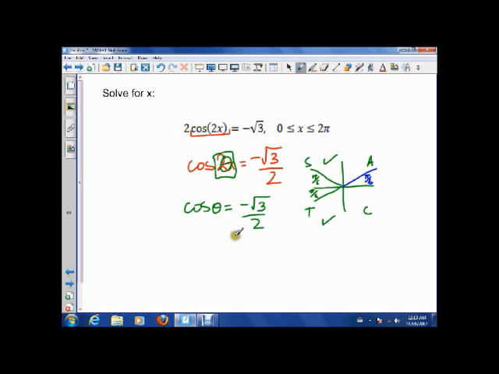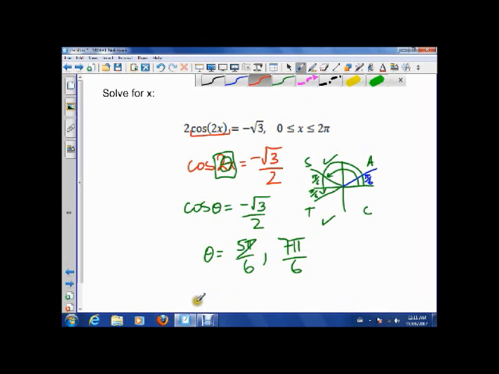Right? So that means that our solutions for theta are, that's 5 pi by 6, and this here is, so that's a full pi, and then another sixth is 7/6 of pi, so 7 pi by 6. Okay, now remember, that's theta. Theta is 2x.